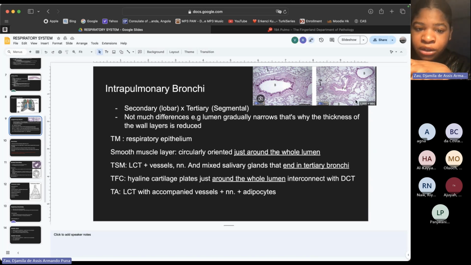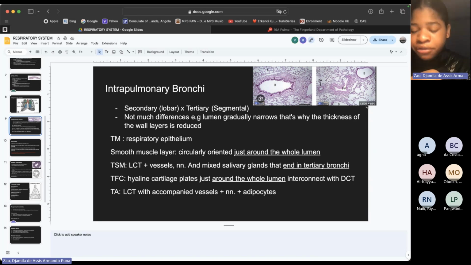We know that it's going to be covered by respiratory epithelium, and you're going to have a smooth muscle layer, which is going to be circularly oriented around the whole lumen. And it's important that you know that it's around the whole lumen, because sometimes with other bronchi it's differentiated. Some are going to be longitudinally oriented, and not around the whole lumen.